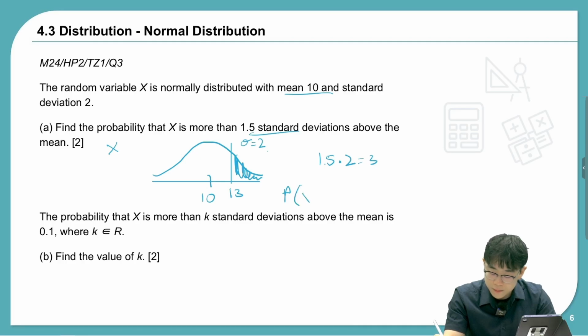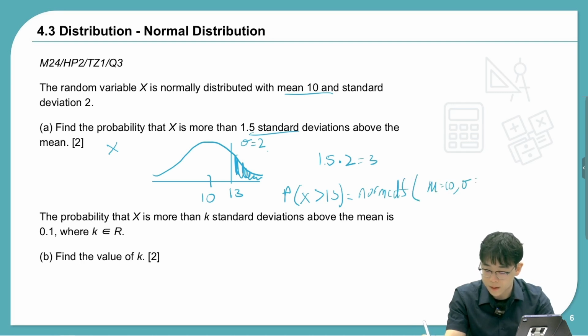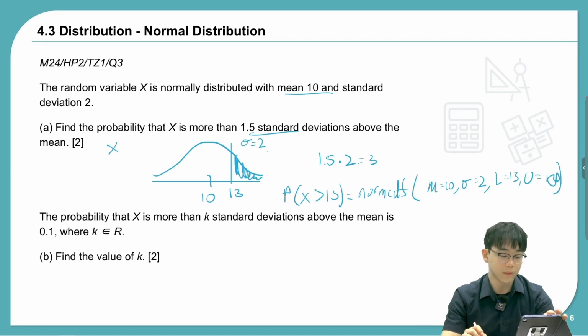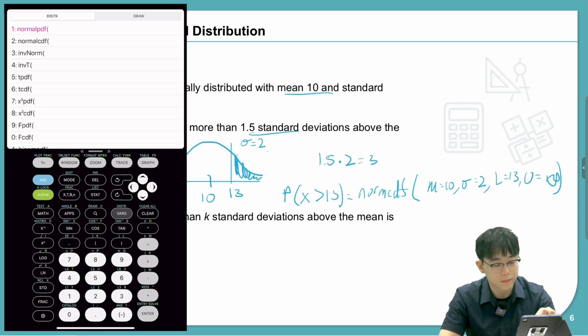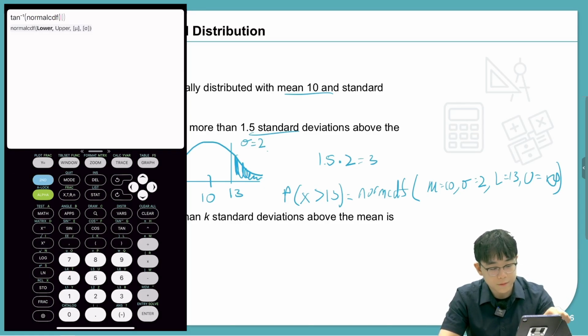So finding the probability where x is greater than 13 will require the use of norm CDF. So we have norm CDF, mean is 10, sigma is 2, the lower bound is 13, the upper bound is going to be some large number. Under the distribution menu, choose norm CDF.